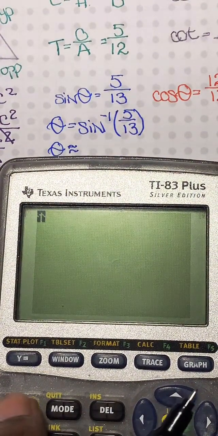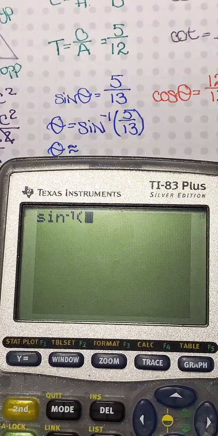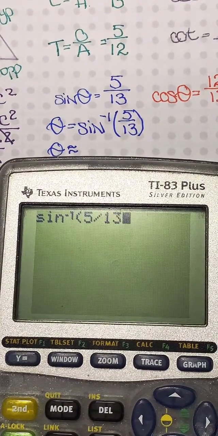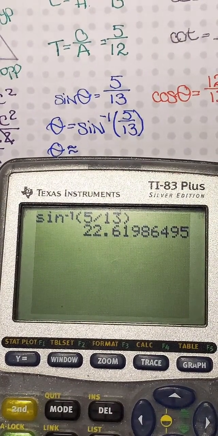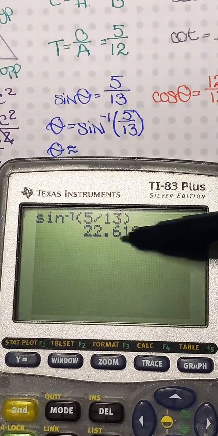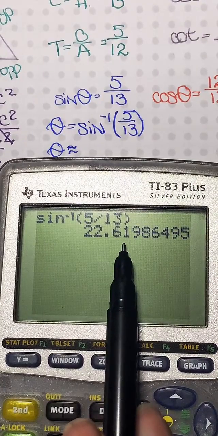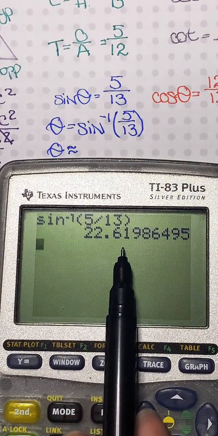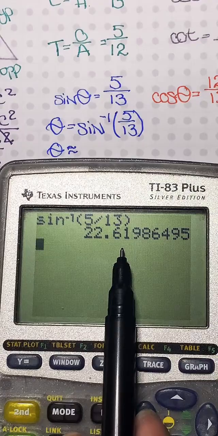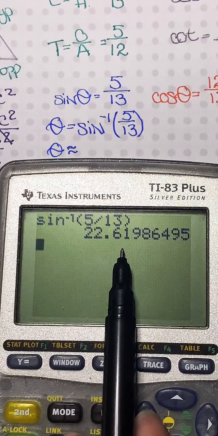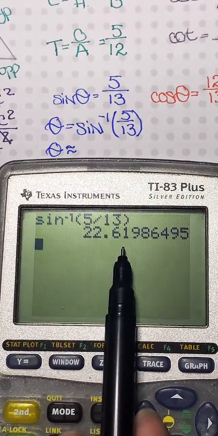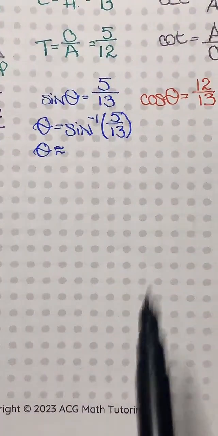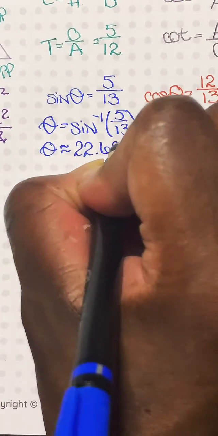So we have second sine, and then 5 divided by 13, and we hit enter. So it looks like 22.60 what, if we're rounding to the hundredth. C4's got me with 22.62. Okay, good. 22.62, excellent. So do not forget the degree symbol, okay?